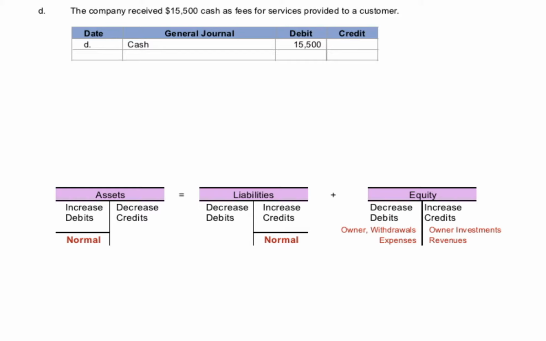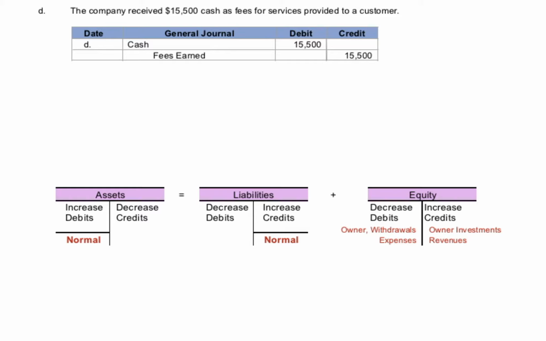This is us doing whatever we do for our business. So that's revenue. We are increasing the cash to the company by generating revenue through the provision of services to customers. The revenue account title is going to vary depending on what company you work for or are working with.